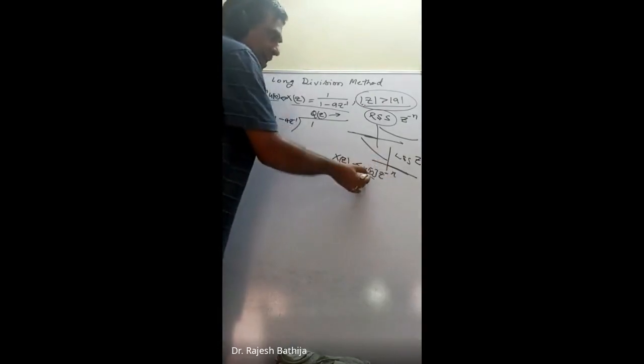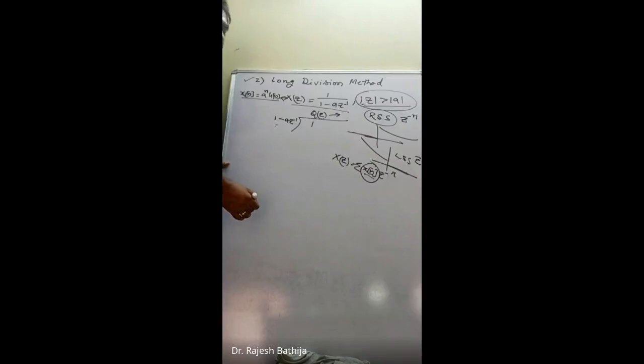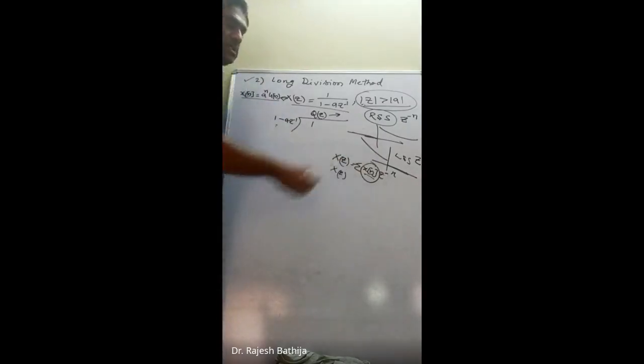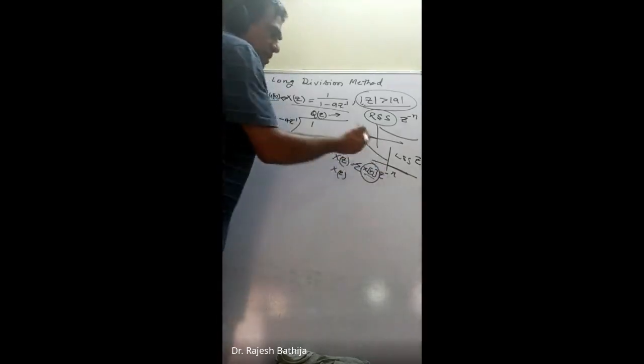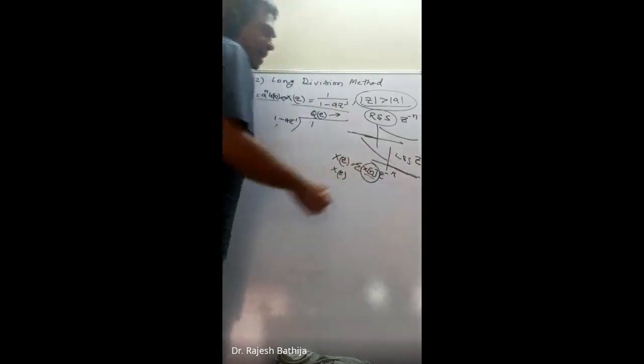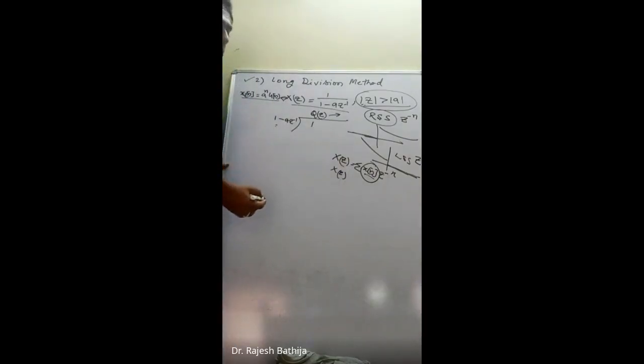But for negative n, for a right-sided signal, x(n) itself is 0. So in the power series expression of X(z), the positive powers will not come for an RSS. Similarly, for an LSS, because it is 0 on the right side, the negative powers will not appear in the expression of X(z).